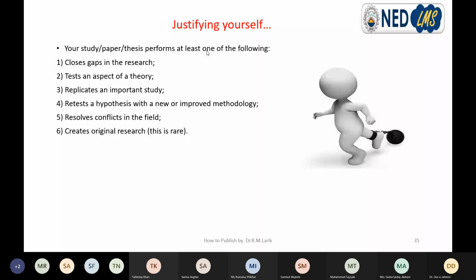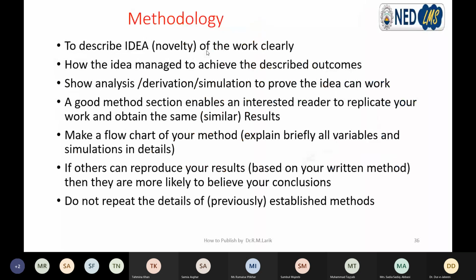Okay. Another part of the article is the methodology, which is a more important part, because after the title, abstract, and intro, the method is a very important thing for publishing in a high quality journal. So your idea must be novel. It has some novelty, a new contribution, innovative work, right? And it must have supporting things, that is derivations and simulations, and that must be proven in the results section, right?